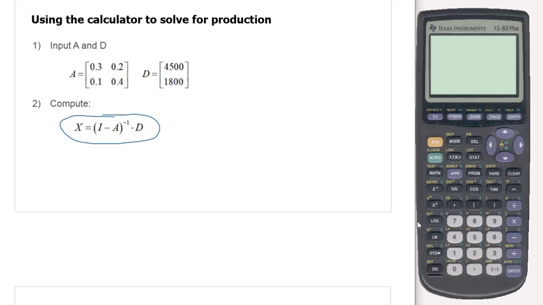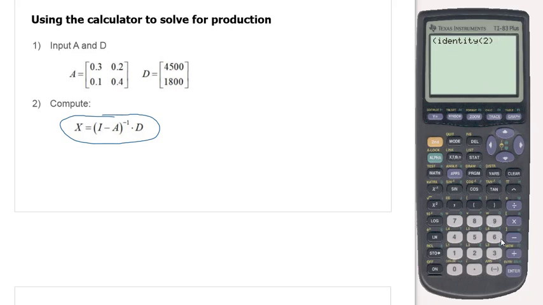So notice the first character is a parenthesis, and then we need the identity matrix minus A. One option would be to actually make an identity matrix, but we can tell our calculator to make a 2 by 2 identity matrix pretty easily.